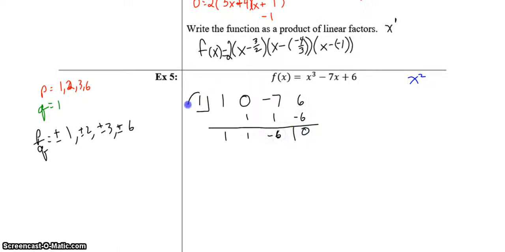Turns out our first one, x equal 1, is a 0. Done. Now we're down to a quadratic, because we went from x cubed, taking this out, so now it's 0 equals 1x squared, positive 1x, minus 6.